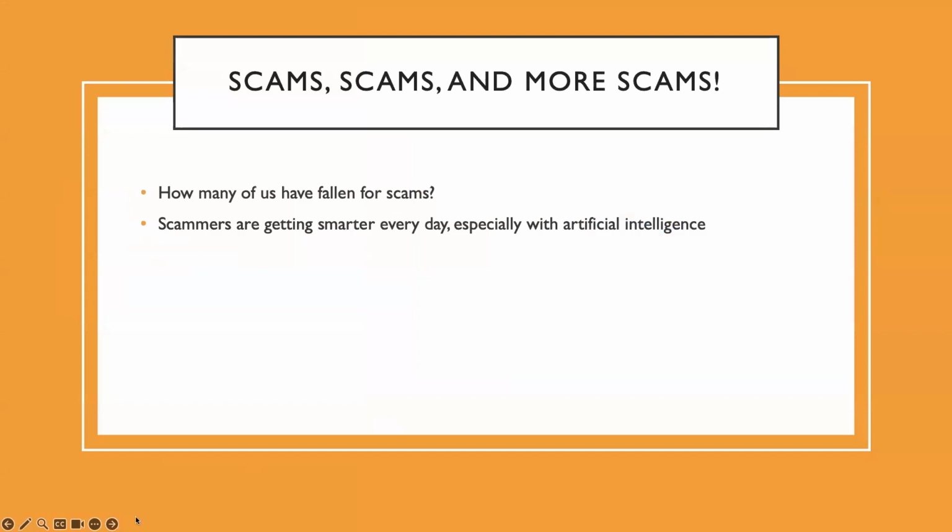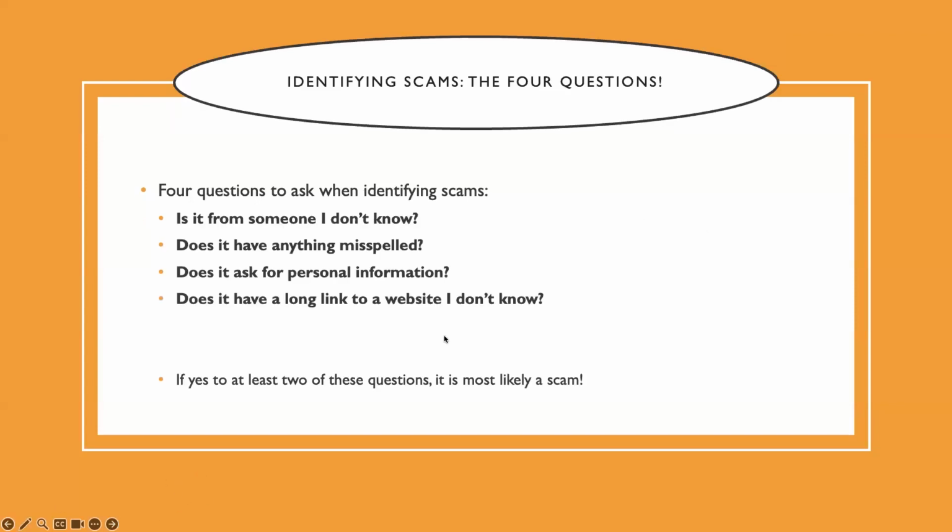Or, hey, your UPS package was sent back to the distribution center. Click here and put your personal information in. So every day, scams are getting smarter. But there are 4 things, and I have a nice little visual checklist coming for this one. 4 things to ask yourself to identify if it's a scam. And I did a lot of research to identify these 4 things.